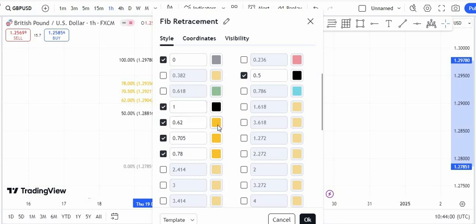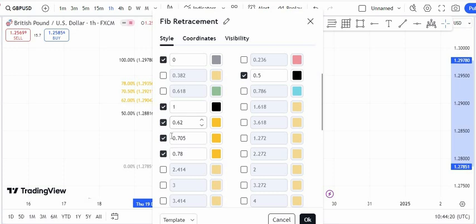Okay, once you've done that, so once you've unchecked all of them, these are the levels you want to be checking. Check the 0 level, check the 0.5 level, the 1 level, 0.62 level, 0.705 level, 0.78 level.